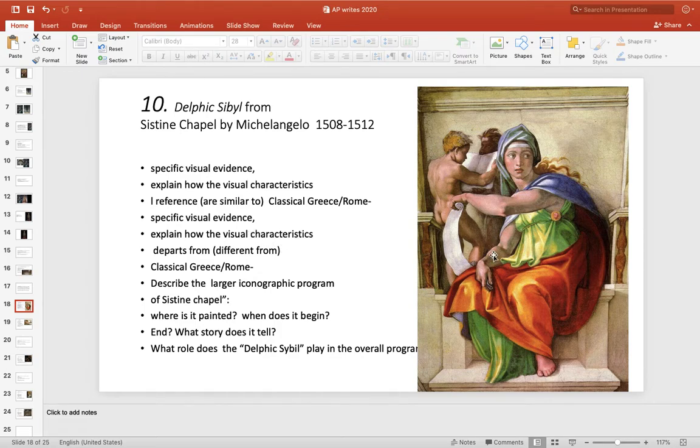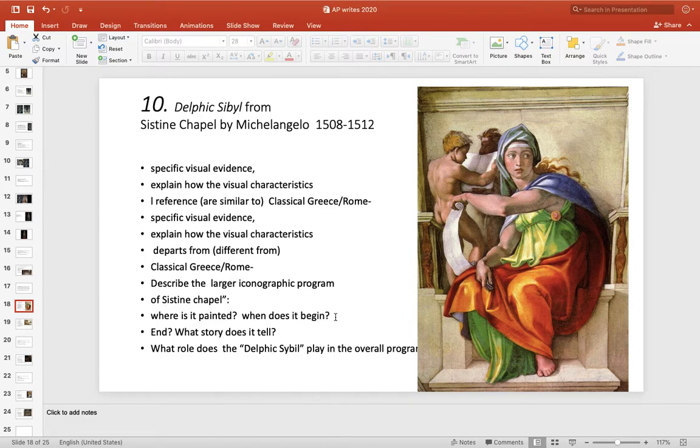Then how does it depart from the classical? For this, you might say it's religious or it's Christian. And then it says, describe it in the larger iconographic program. That means, how does it relate to the rest of the Sistine Chapel? So there you want to talk about the Sistine Chapel is the story of God's plan. It's on the ceiling of the Sistine Chapel.